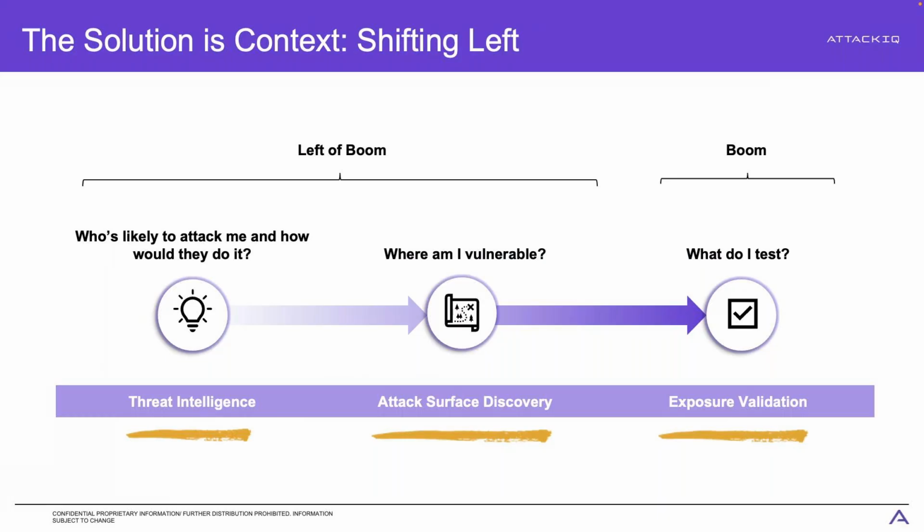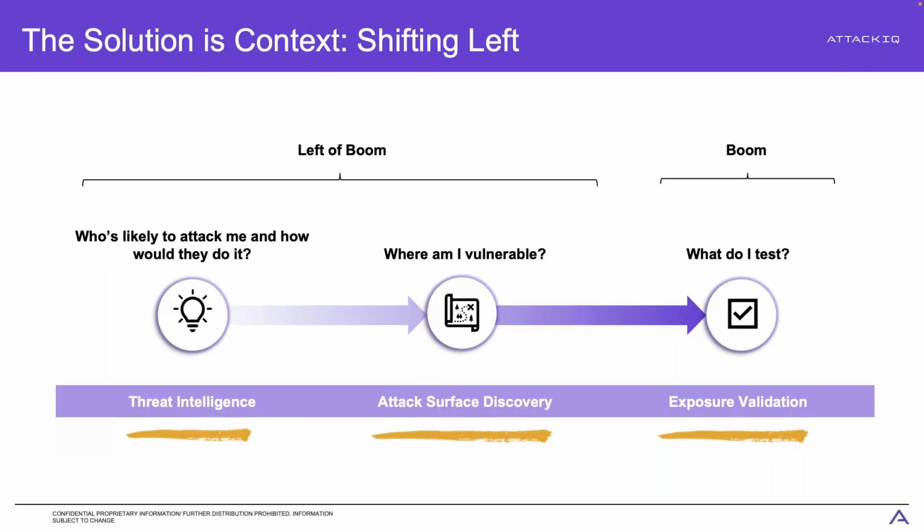Now, traditionally, security teams operate on the right side of this timeline that you see right here, that exposure validation: what do I test? So you conduct your breach and attack simulations or pen tests only after those threats become apparent. Then to be proactive, you try to start introducing attack surface scanning to spot the known exposures earlier, but that also needs to account for the tactics, techniques, procedures that the attackers are using in the wild.